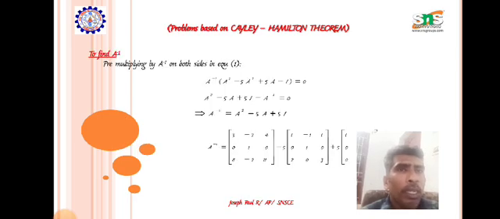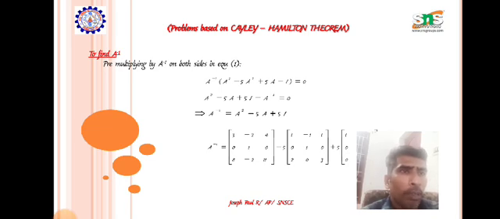To find A inverse, we pre-multiply by A inverse on both sides. In the characteristic equation we have A square minus 5A plus 5I minus A inverse is equal to 0. Keeping A inverse on the left hand side and taking the remaining terms to the right hand side, we have minus A inverse is equal to minus A square plus 5A minus 5I.